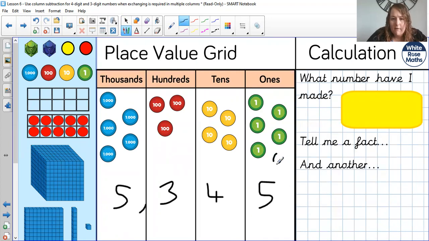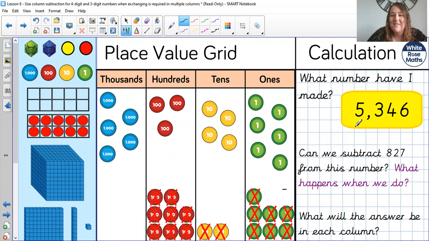Oh, let me just make sure I've got a 6 there, because I didn't quite check that this morning. So 6 there, so we've now got 5,436. And we are subtracting 827. So we're subtracting our 3-digit number. So let's just check. We've got 8 in the hundreds, 2 in the tens, and 7 in the ones. Okay, so I've got 6, take away 7 to start with.